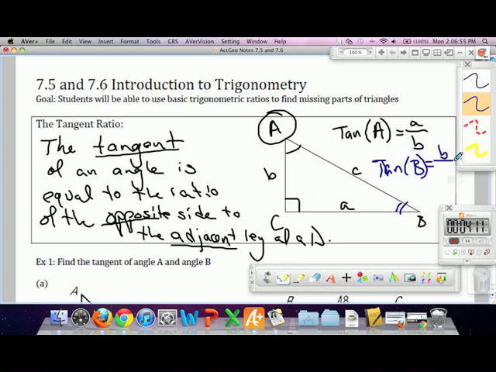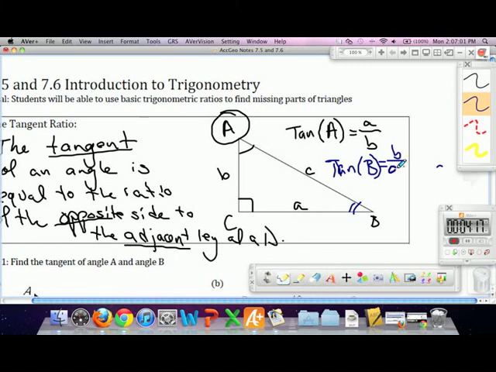Which is the adjacent leg? C cannot be a leg because C is the hypotenuse of a right triangle. So C will never be a leg in this case. If we're going for the adjacent leg, we'll never choose the hypotenuse as what we're dividing by, as far as the tangent goes.